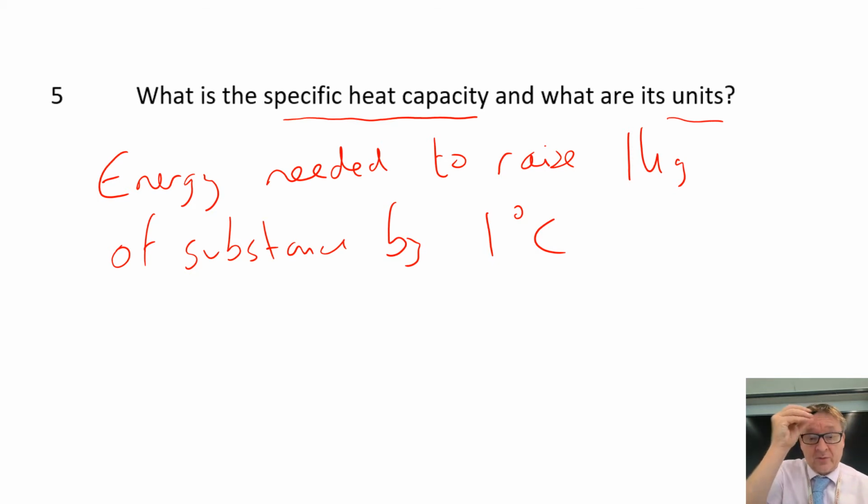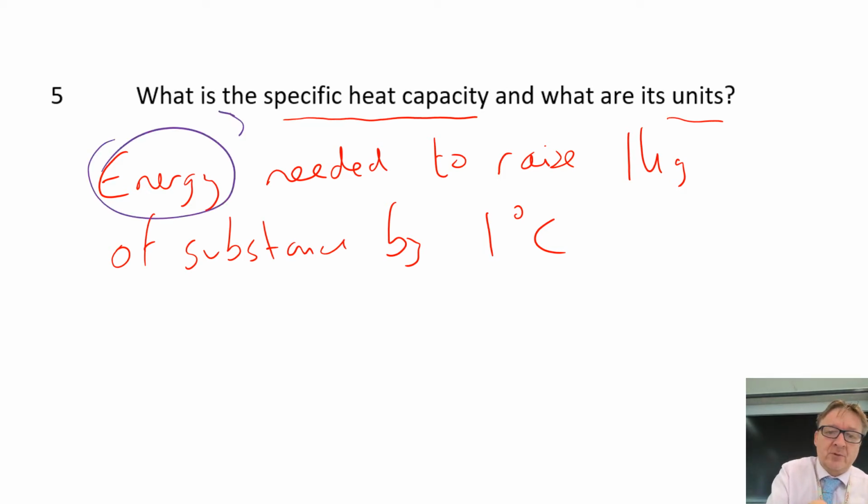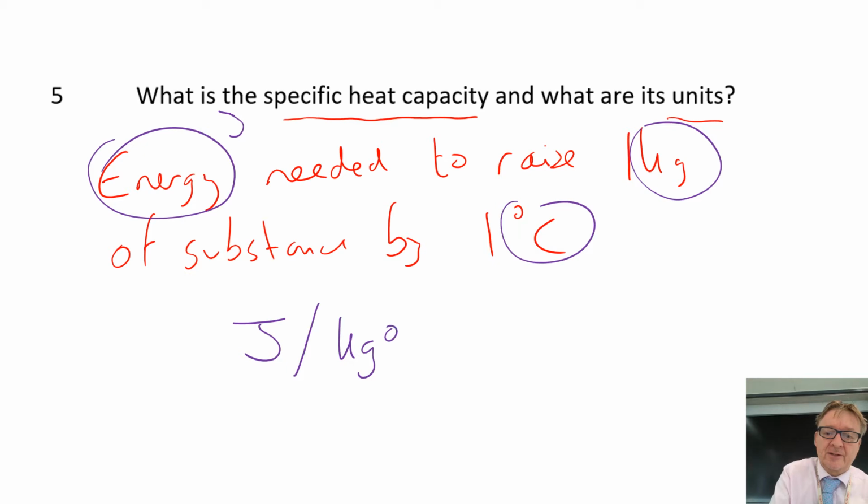Now, what we've also got in here, you need to know the units. Energy, joules. Kilograms, degrees C. So the units are joules per kilogram degrees C. Okay, good set of units.